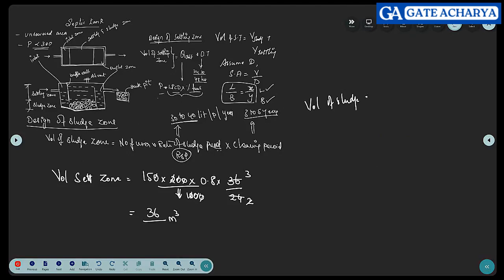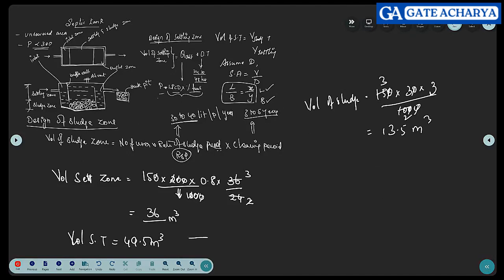So what is the volume of sludge zone? Number of users 150, 30 liter per person per year into 3. How much are you getting? Divided by 1000 again to convert this into meter cube. 13.5 meter cube. So total volume of septic tank is 49.5 meter cube.